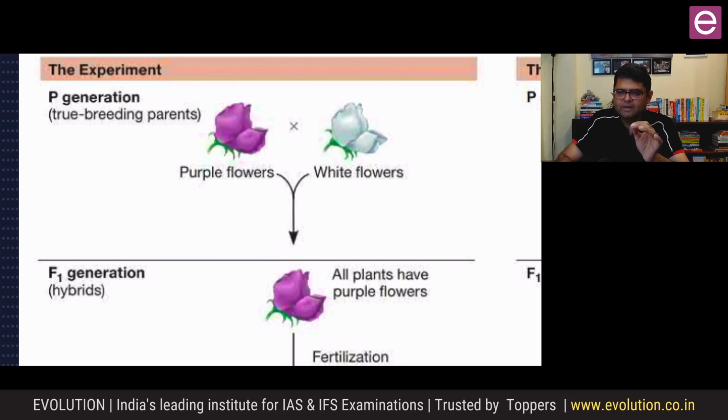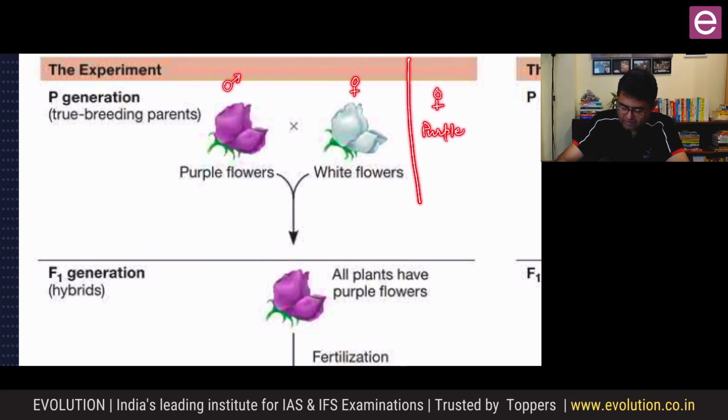What do we mean by reciprocal crosses? Let's say that in this cross, the purple flower is the donor of pollen and the white flower is the recipient of pollen, then Mendel set up another experiment where the purple flower was the recipient of the pollen and white was the donor of the pollen.